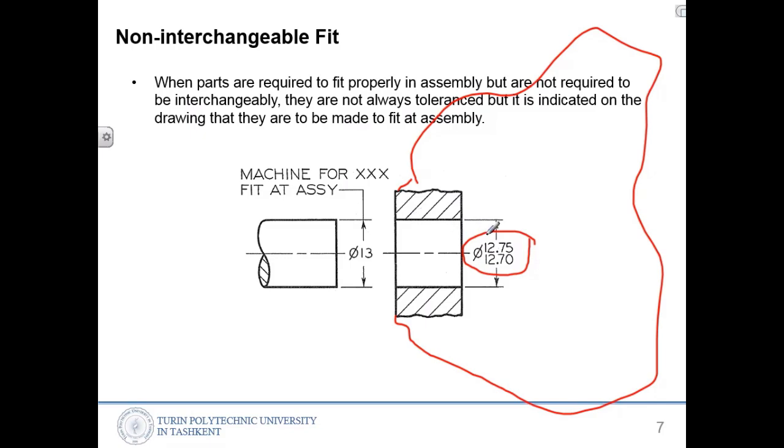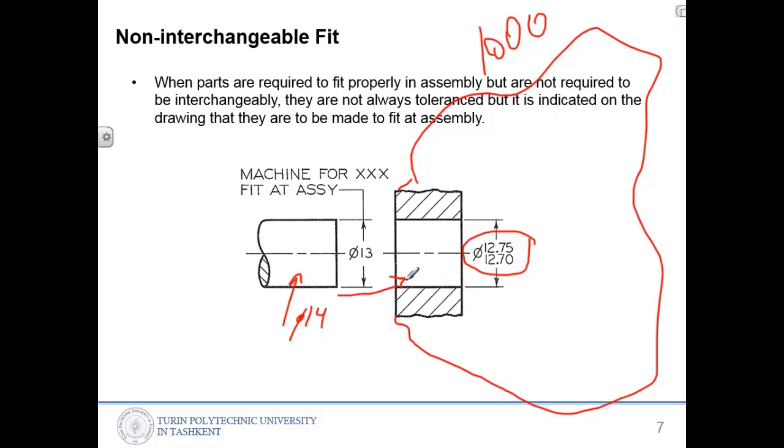We're producing 1,000 of these parts, but the shaft part is very specific, so we are not producing it many times. So we are making a part with 14 or 15 diameter, and we are putting it inside here.